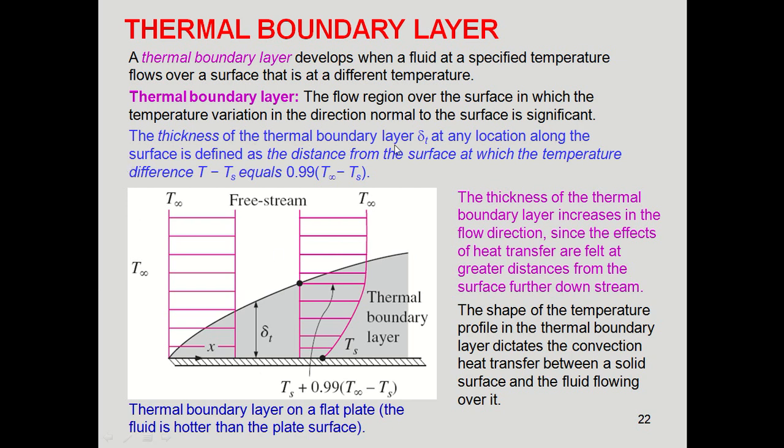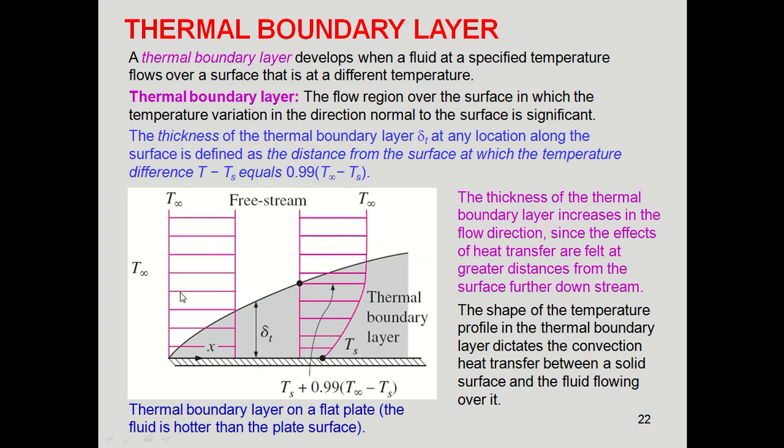The thickness of the thermal boundary layer, delta T, at any location along the surface is defined as the distance from the surface at which the temperature difference T minus Ts equals 99% of T infinity minus Ts. For that we will see the diagram.